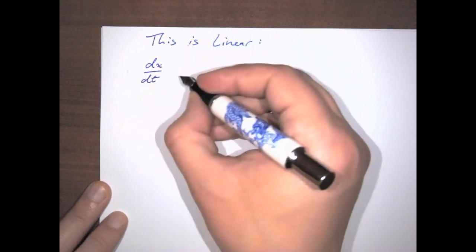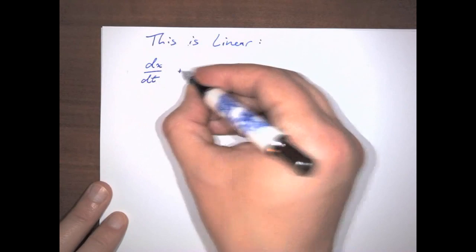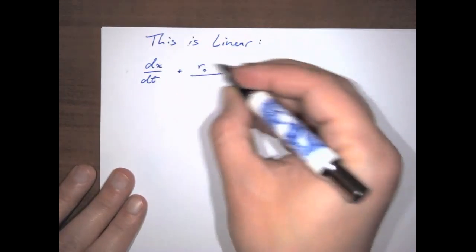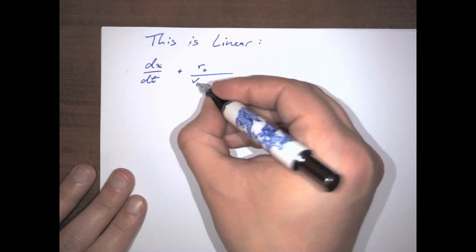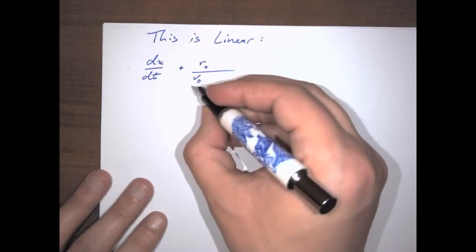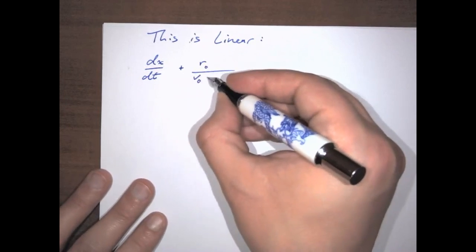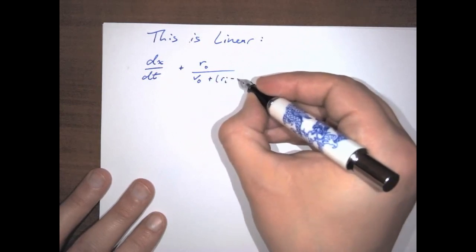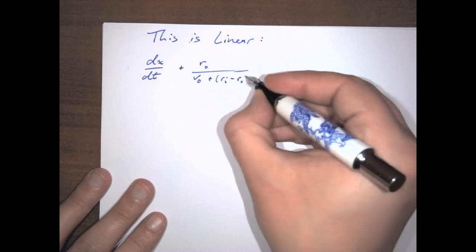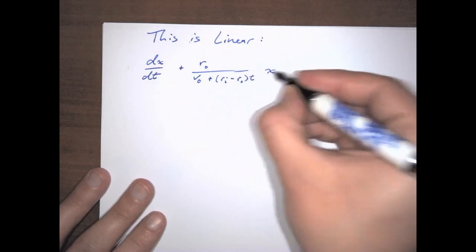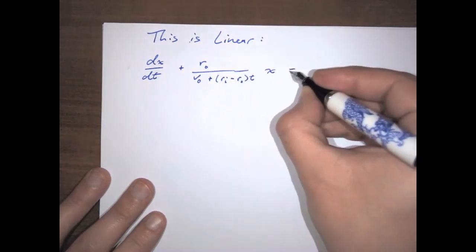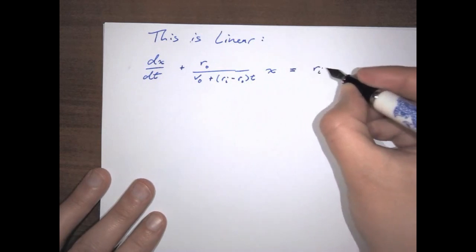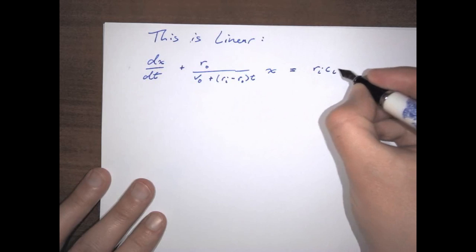And now we move the x term to the other side, R out over V naught plus R in minus R out times t, and that all times x. And that's going to equal just the constant Ri Ci.